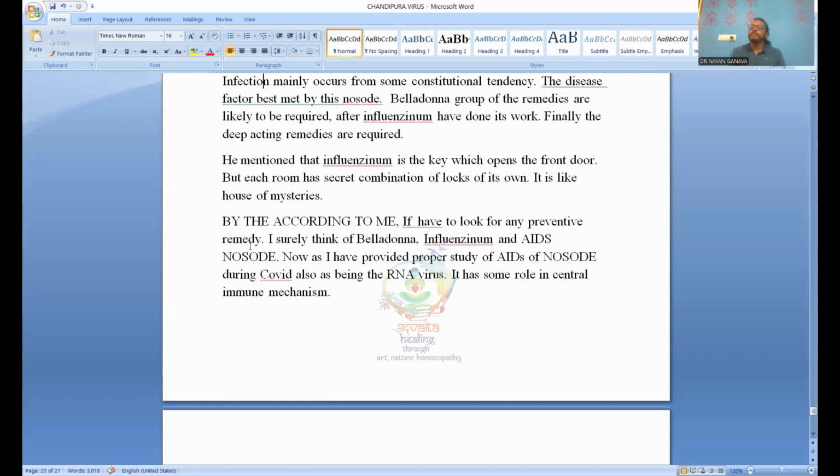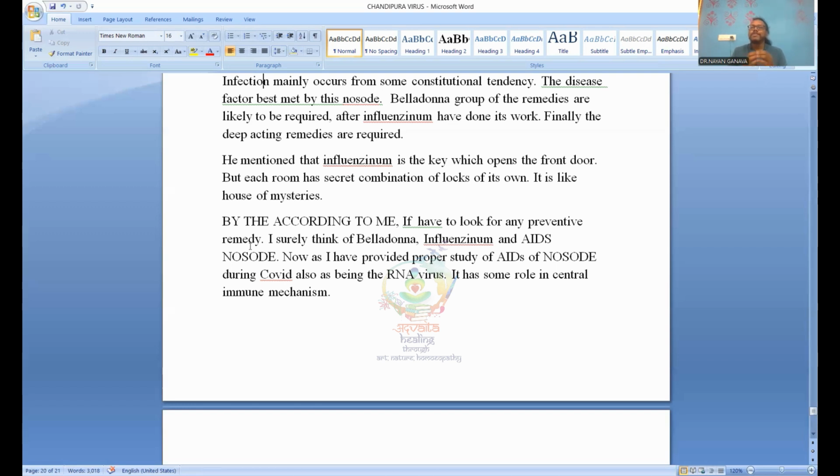And if you read its materia medica or its proving, it is written that it plays a very important role in boosting the central immune system. Now, as I have provided a proper study of AIDS nosode during COVID also, being an RNA virus, it has some role in central immune mechanism.